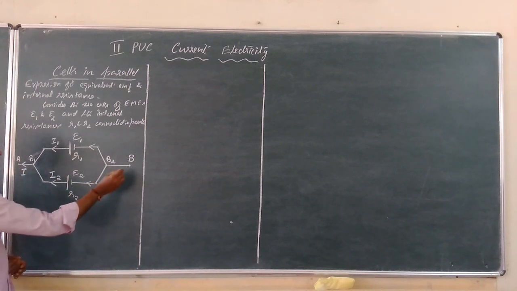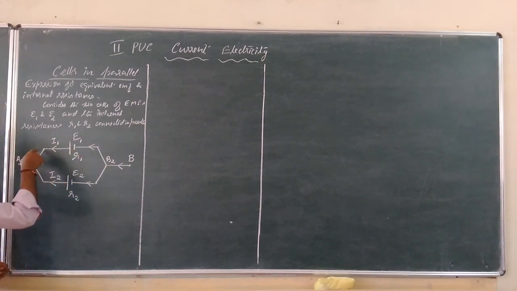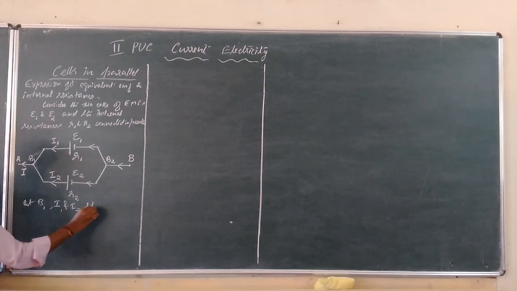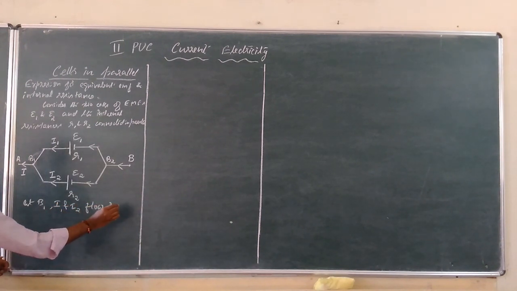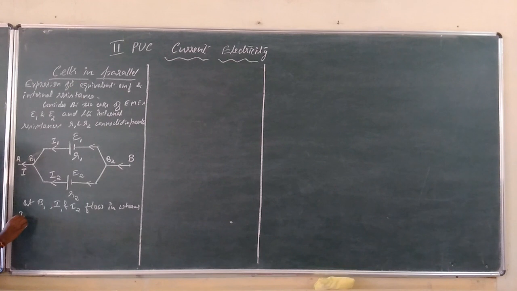The current flows through the external circuit and comes to this point B2, and I1, I2 flow through the respective cells. I1 flows through E1, I2 flows through E2. Okay, so at B1, I1 and I2 flow in, whereas I flows out.